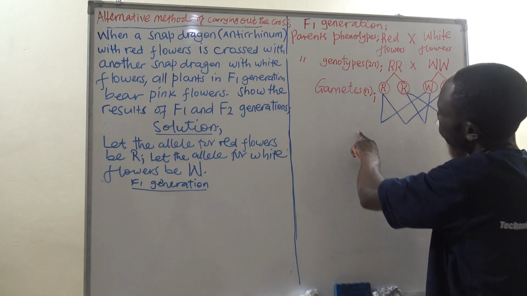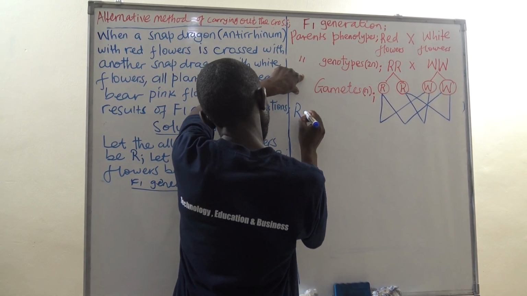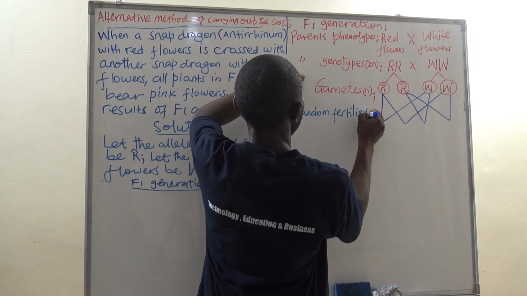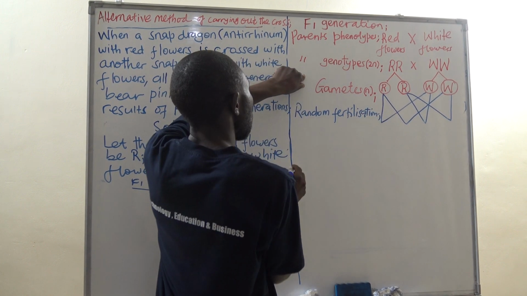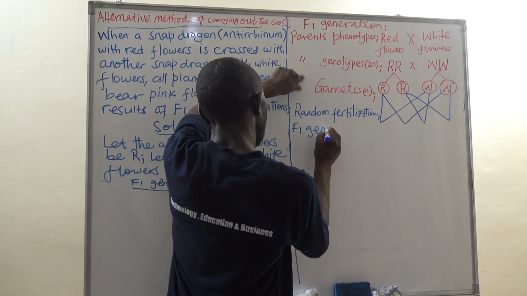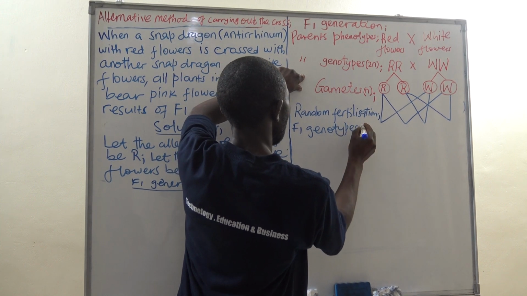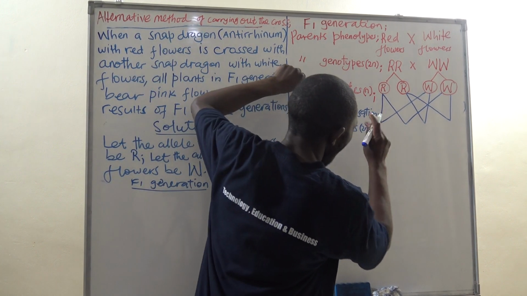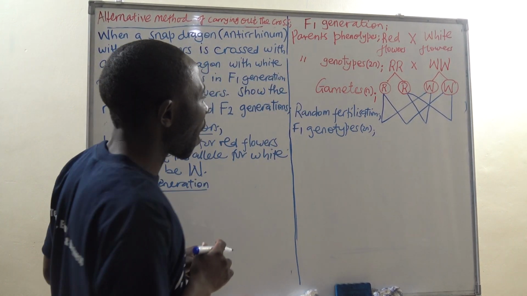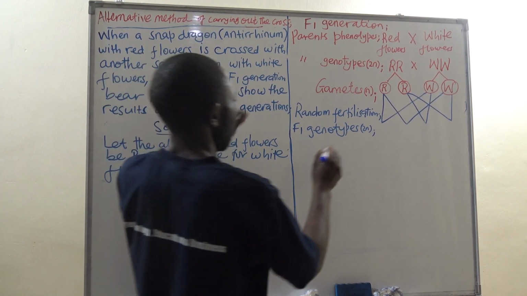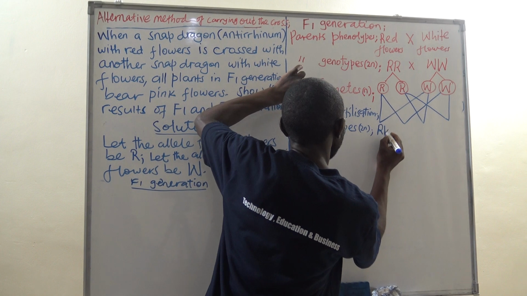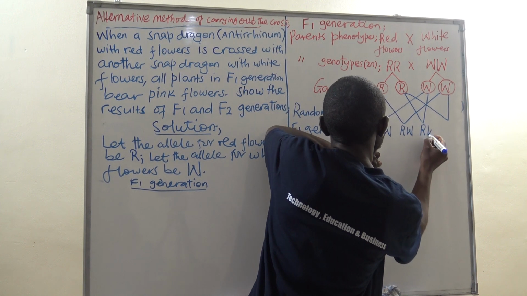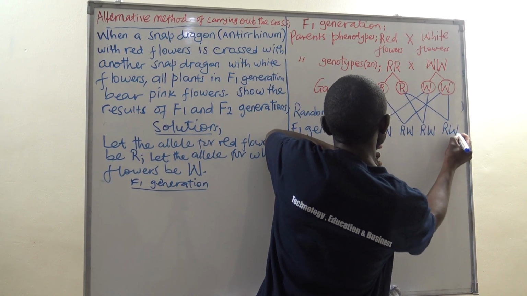So, after making that, this is during random fertilization. So here we have F1 genotypes, that is 2N. All offspring will have the same genotype, RW, RW, RW, and RW.